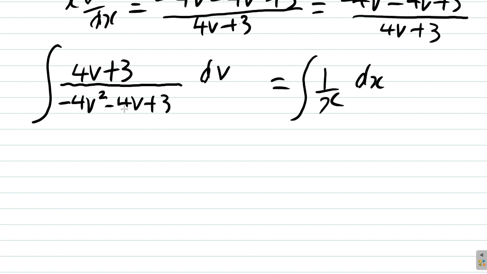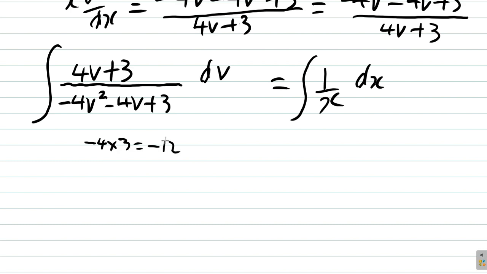We could use partial fractions to deal with this. Let's see if this can be factorized first and then use partial fractions. You have the AC method. A is negative 4 times C is 3. Negative 4 by 3 is negative 12.